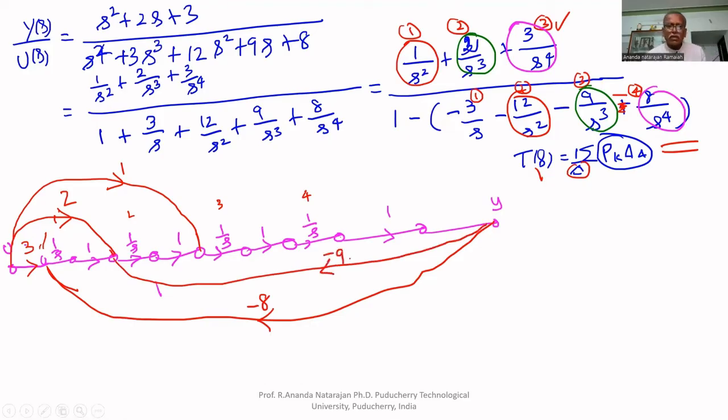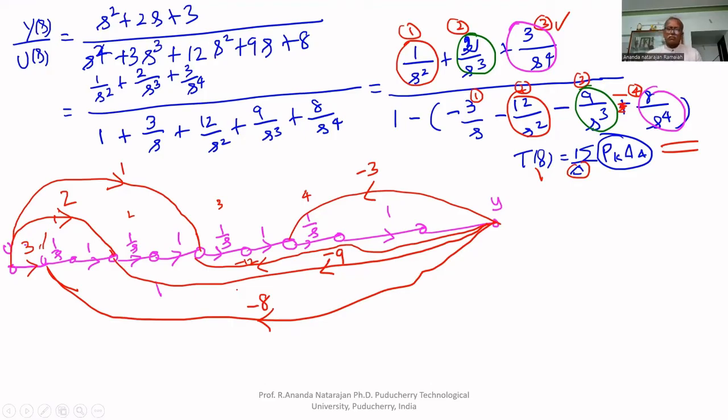Next one is 2 integrators with gain minus 12. And 1 integrator with gain minus 3.